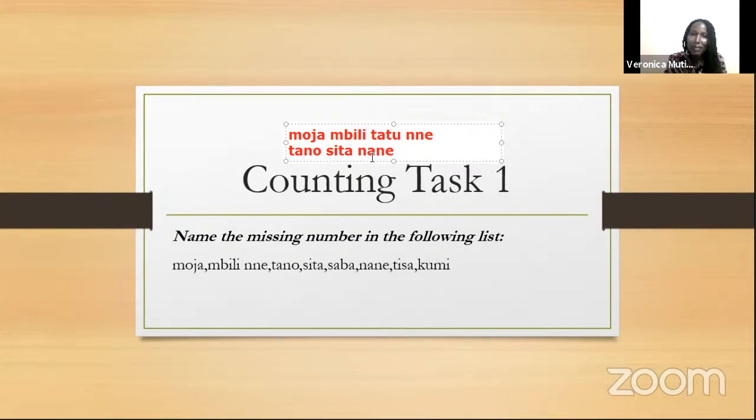One is missing between 5 and 8. So tano is 5, yes, correct. Tano is 5. Sita is 6.